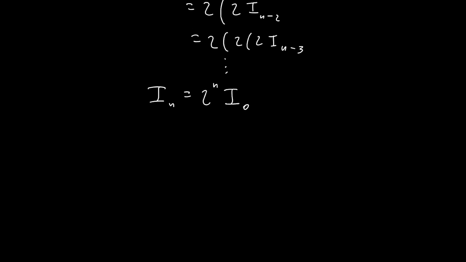So let's try that. For I of 0, we have the integral between negative infinity and infinity of 0 choose x dx. Okay, so when we're actually doing the integral, we are going to have to move away from the factorial definition and use the gamma function, because the gamma function is defined for all real x, whereas factorial is not.